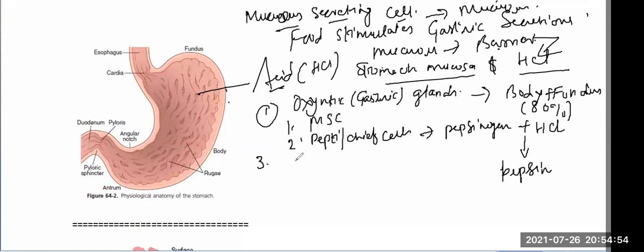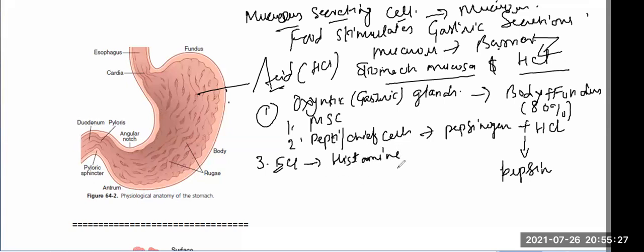Then you have your ECL cells. ECL cells are enterochromaffin-like cells. What these cells do is they secrete histamine. The job of ECL cells is to secrete histamine.